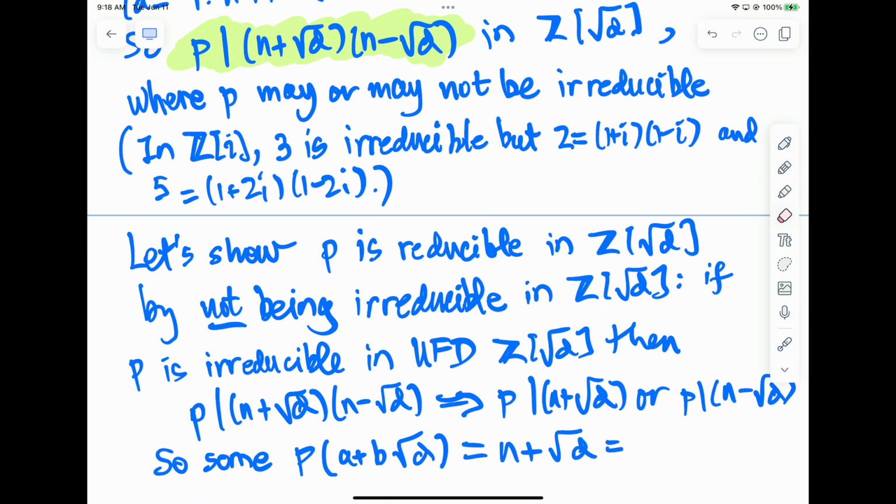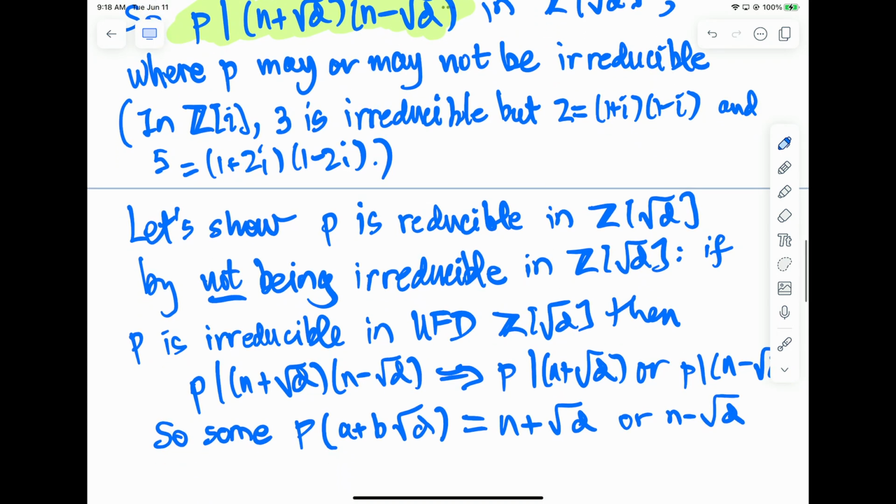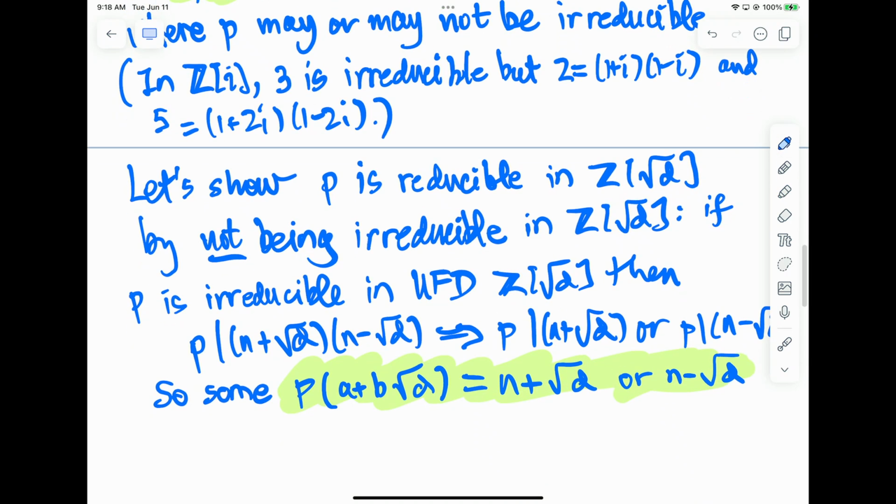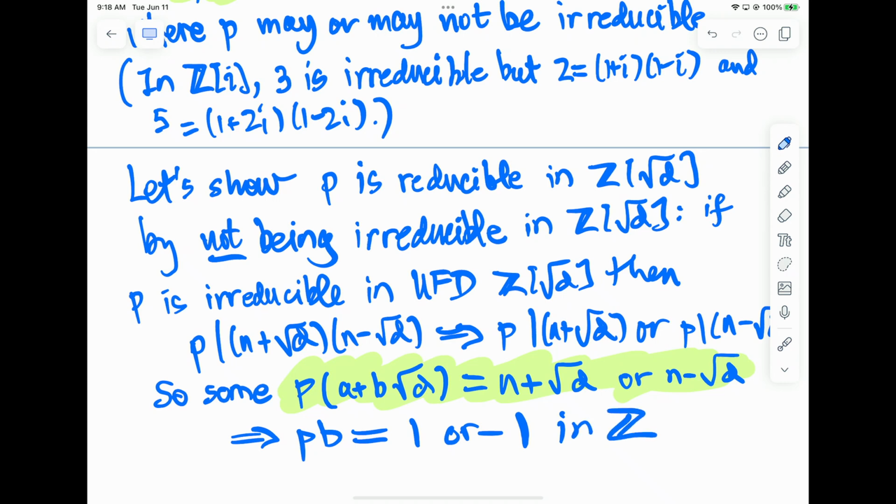Oops. The problem is, when you look at both sides of this equation, there is an issue on the coefficient of root d. If you just look at the coefficient of root d, the integer coefficients match on both sides, so a multiple of p is 1 or minus 1, and that is certainly not true.